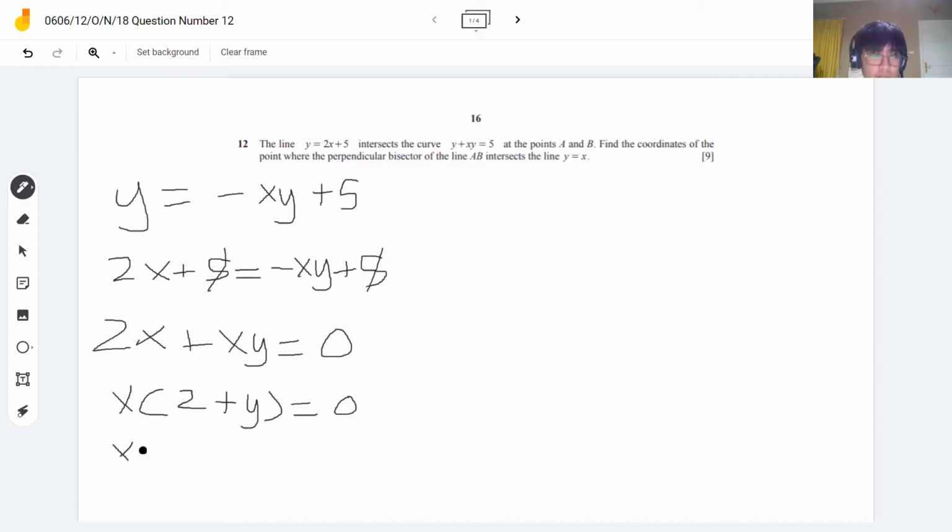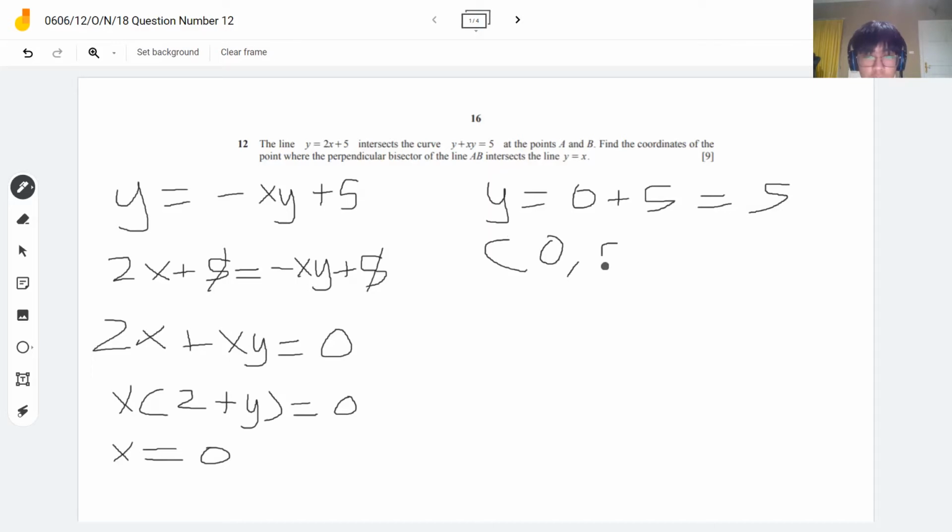This will give you x equals 0. You can substitute this in the original equation, which is this one, or this one. I'll pick this one. And you'll get y equals 0 plus 5. Of course, this is 5. So you already got the coordinates of one of the points, which is (0, 5).